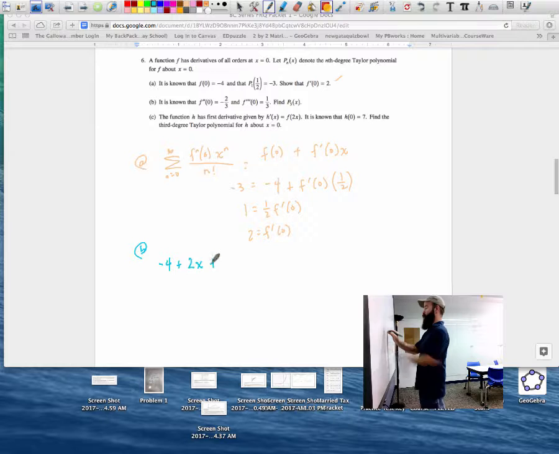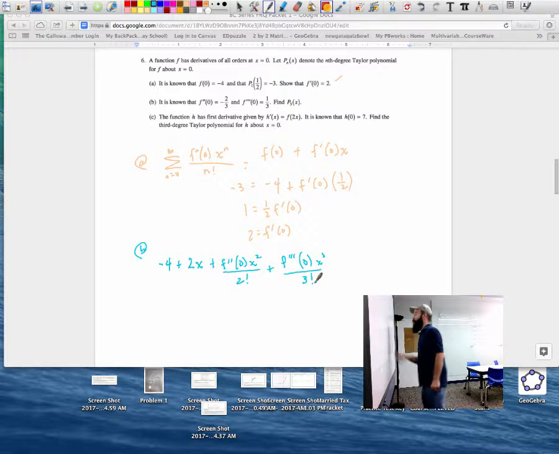Then the next two terms would be f double prime of 0, x squared over 2 factorial, plus f triple prime of 0, x to the third over 3 factorial. Now they tell you f double prime of 0 is -2/3, and f triple prime of 0 is 1/3. So literally that's just replacing those things. f double prime was -2/3, so this is going to become a negative. 2 factorial is 2, so 2/3 will simplify down to 1/3 with that 2 on the bottom.